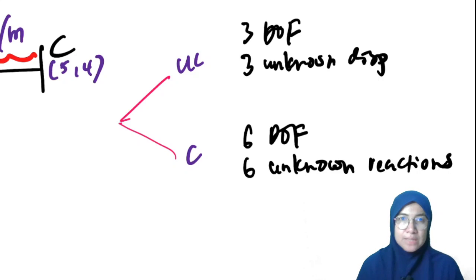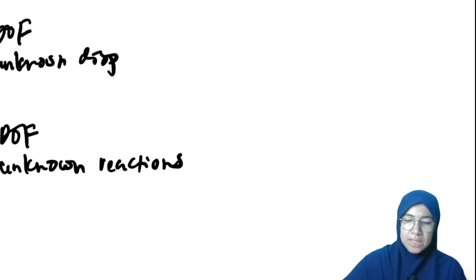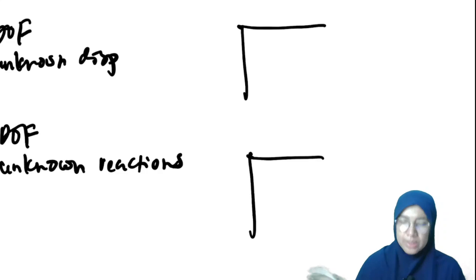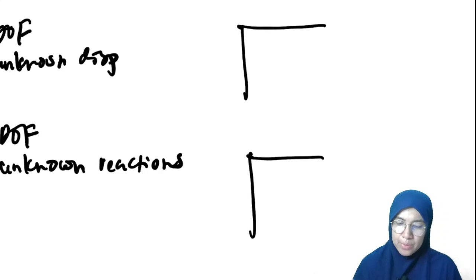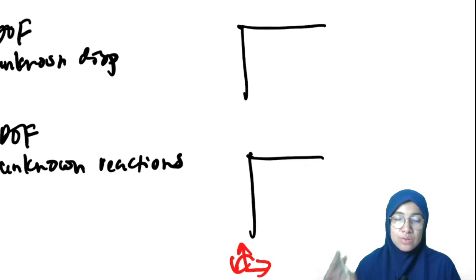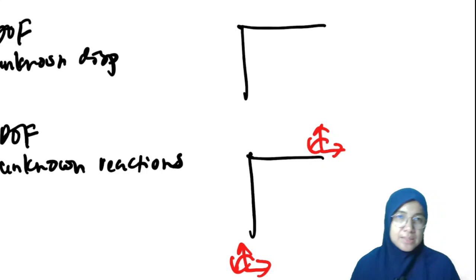If we want to sketch this, we sketch the frame under these two conditions. In unconstrained, we have 1, 2, 3. In constrained, we have 1, 2, 3 and 1, 2, 3, total 6, located at the support positions.